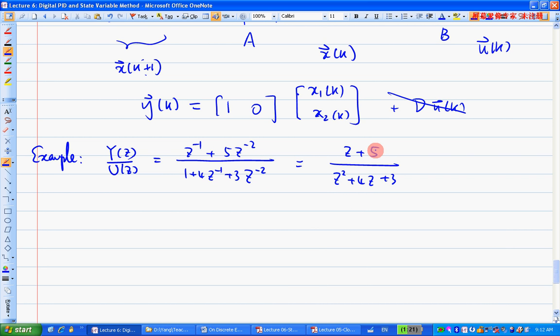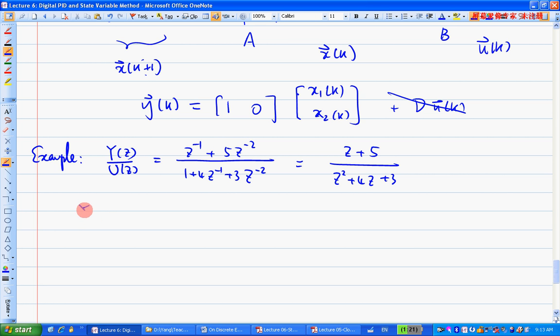Looking at this one here, the numerator order is less than the denominator order. So you should expect you're not going to have the d term, right? Okay, so I'm going to stick with this one to derive it. Here's what I'm going to do. I have this y of z over u of z equal to this, right?